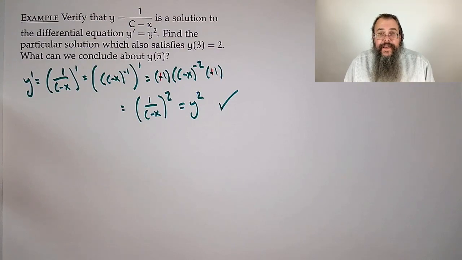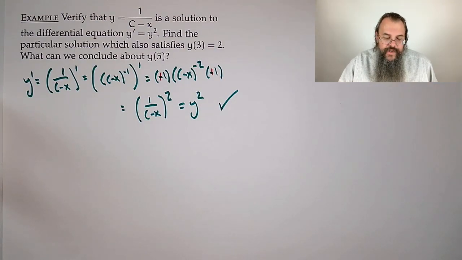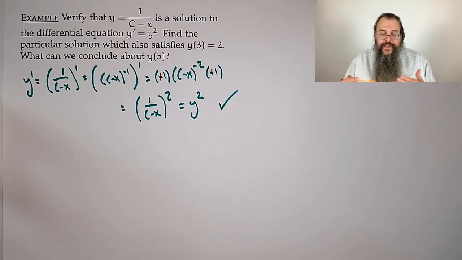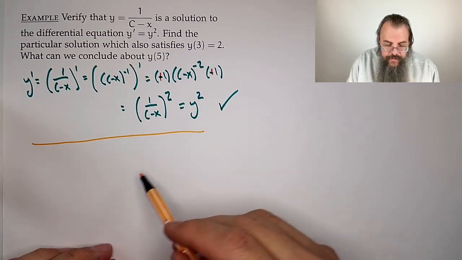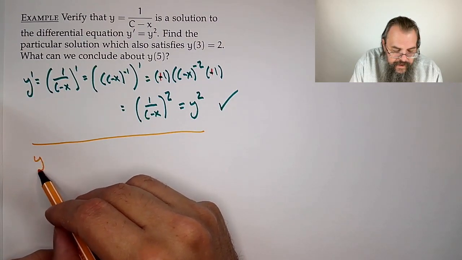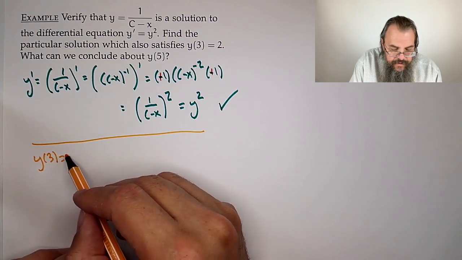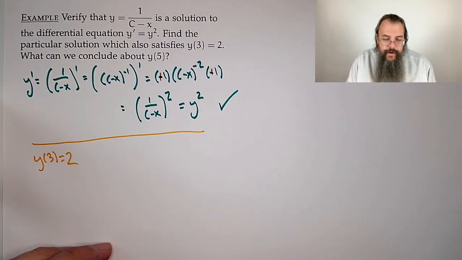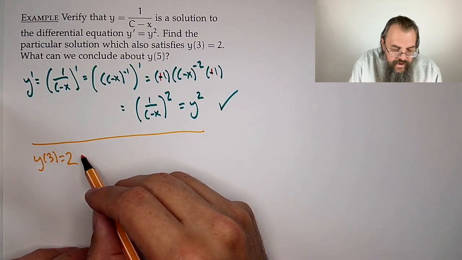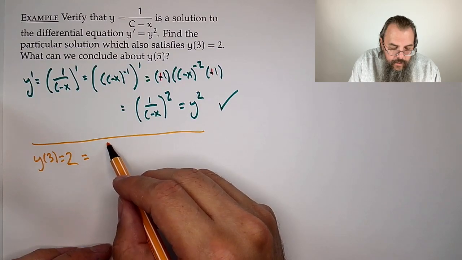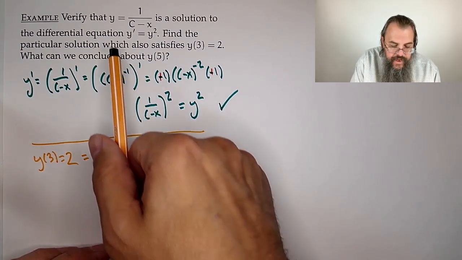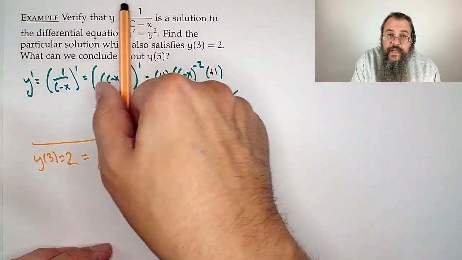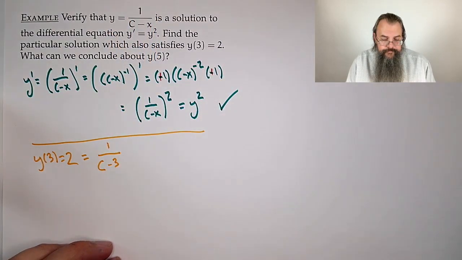Now, the next part. Find the particular solution which also satisfies that y of 3 equals 2. All right, so we're told y of 3 equals 2. Well, how do we find y of 3? That would be 1 over c minus 3, because we're plugging in x equals 3 into our expression.